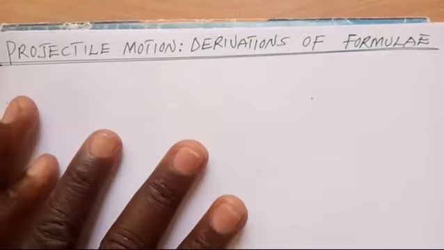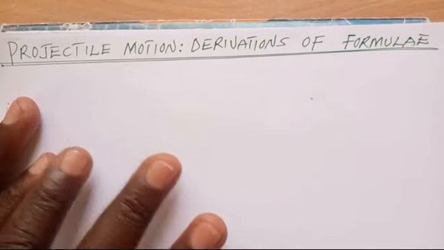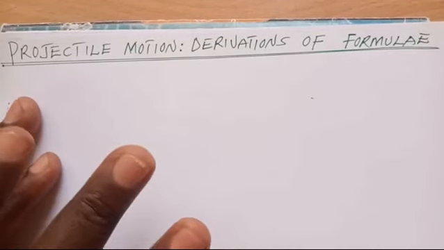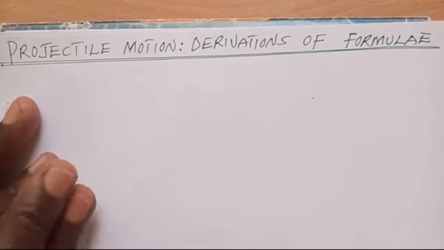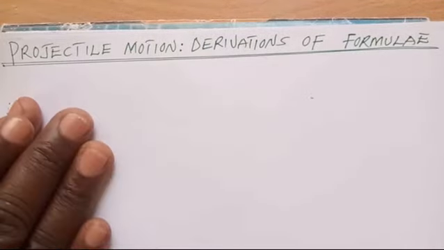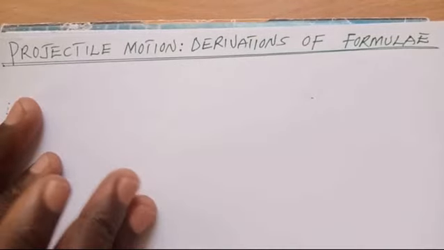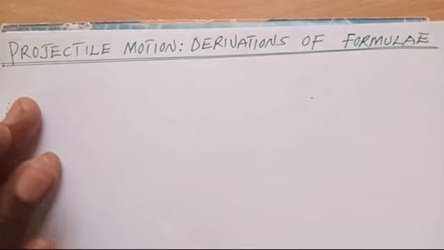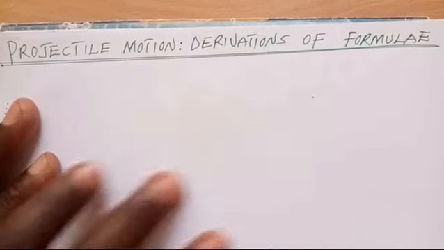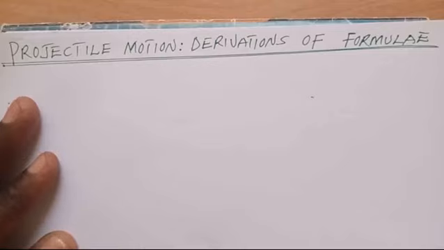But the one we are dealing with here is a more general form of projectile motion, when the angle is between 0 and 90 degrees, like 30 degrees, 45 degrees, 60 degrees, anything less than 90 degrees. Then we consider the formulae.